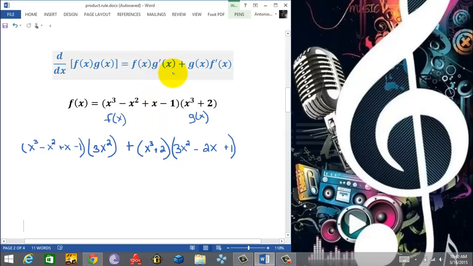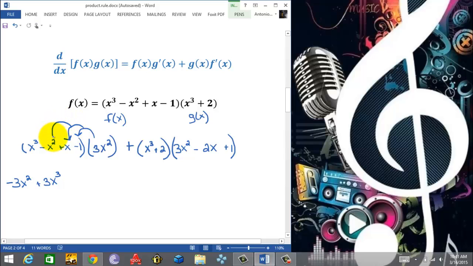I have my answer in its basic form here, but what I like to do is simplify the work and show the final product. I'm going to start by distributing the 3x squared into each of these terms. So that's going to be negative 3x squared. Now I'm going to multiply times x. That's going to give me a positive 3x to the third power.